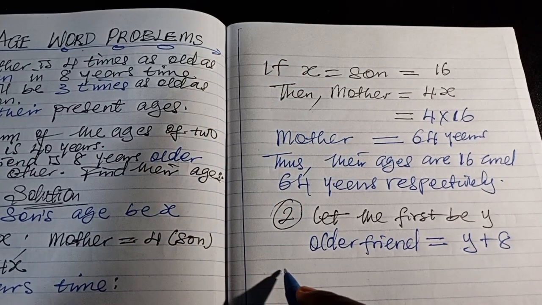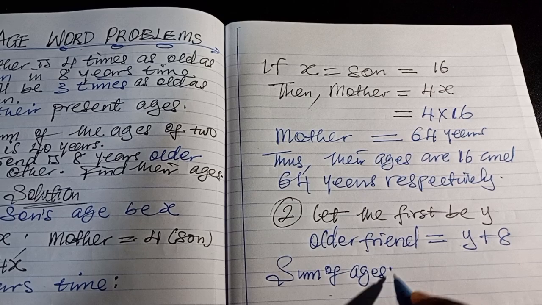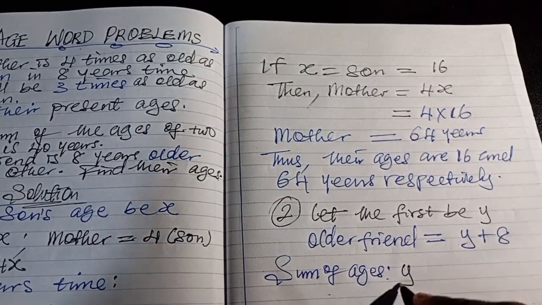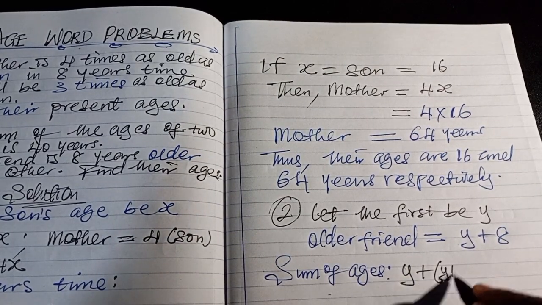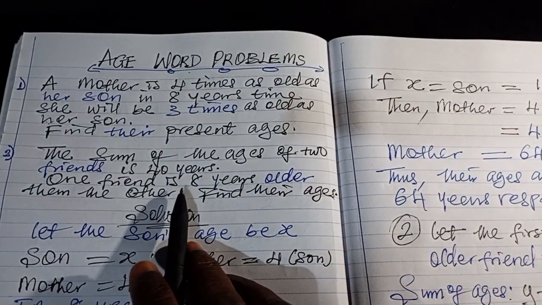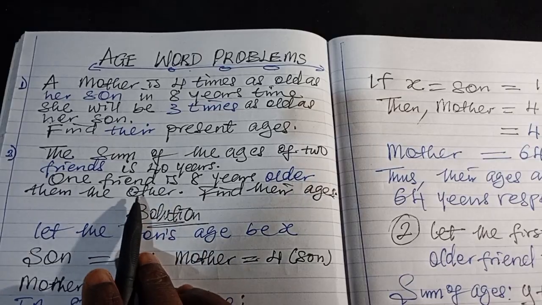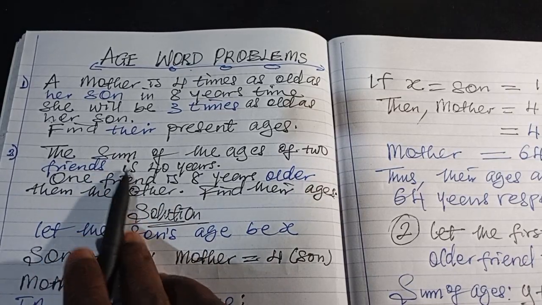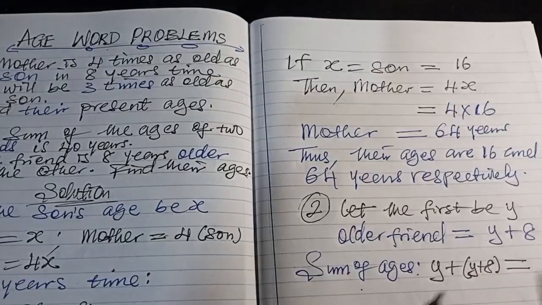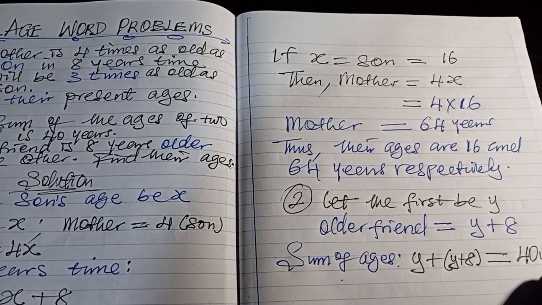Now sum of ages, we are going to have y plus bracket this y plus 8. The answer is, we have here, one of them is 8, and the sum here is 40 years. Okay, so this will give us 40 years.